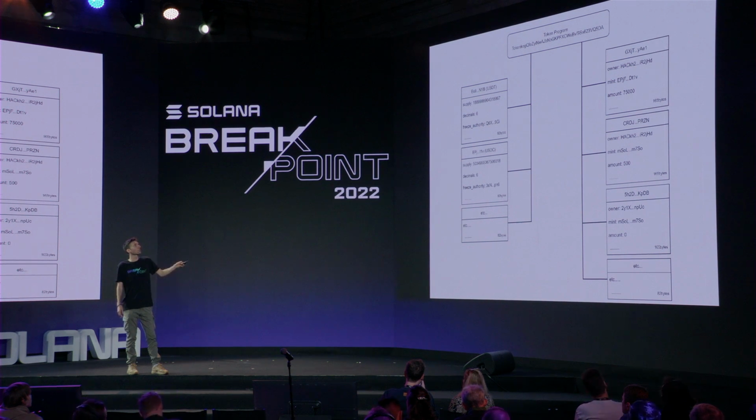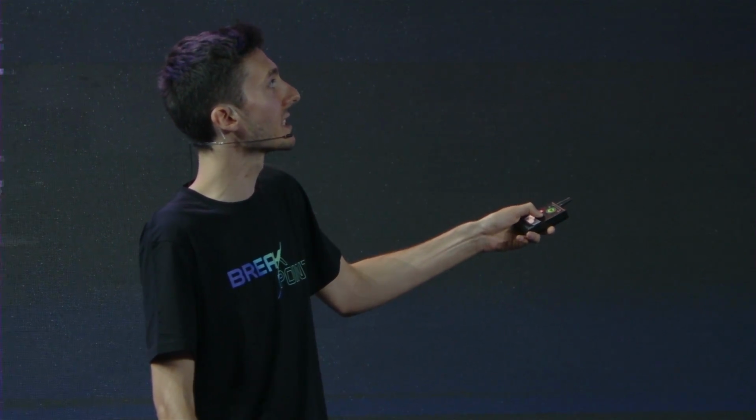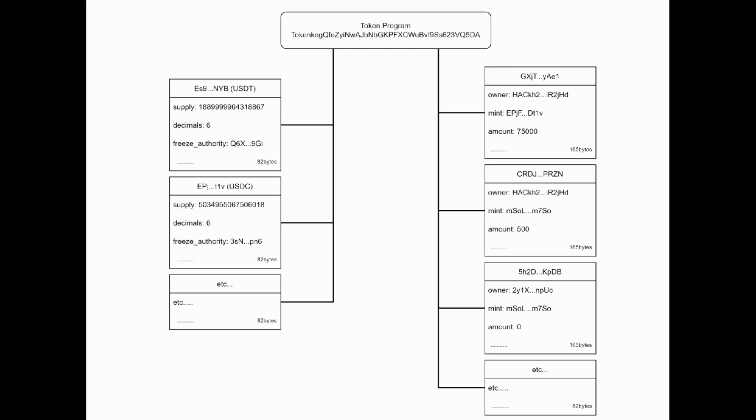So the account GXJT, the owner of this account is HackH. So this is my demo account that I use for hacker houses, which is why it's a vanity address. And then we have the mint. So the mint is EPGF. This is the same address that we can see here. So it means that this token account will hold some USDC.